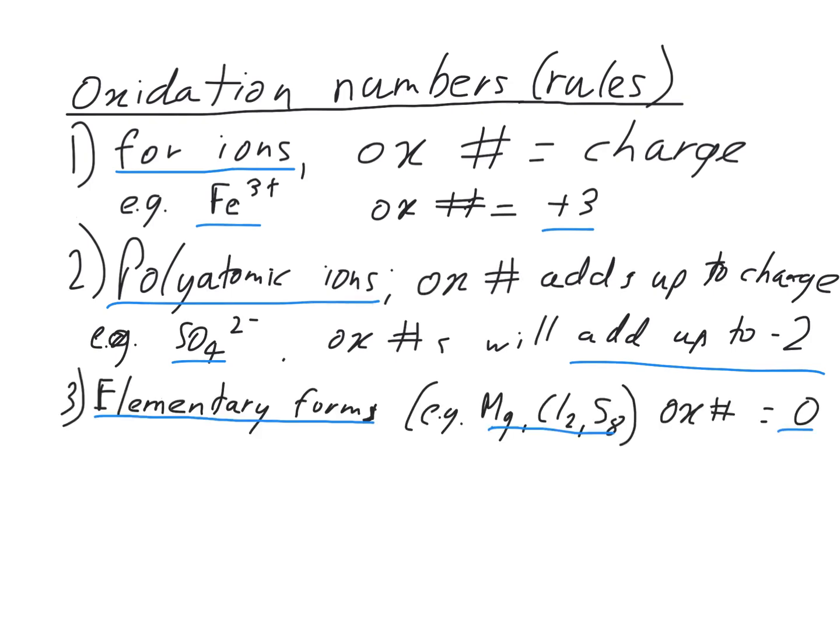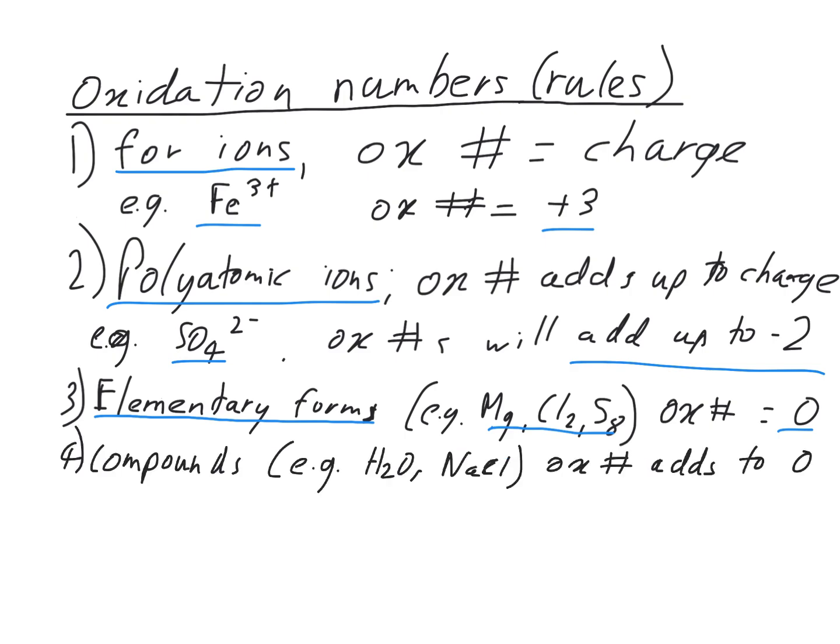The third rule is that when you have things in their elementary form, so magnesium or Cl2 or even S8, the oxidation number of each individual atom is 0. And finally, if you have compounds, whether they're ionic or covalent, like NaCl or H2O, the oxidation numbers of the component atoms should add up to give you 0.